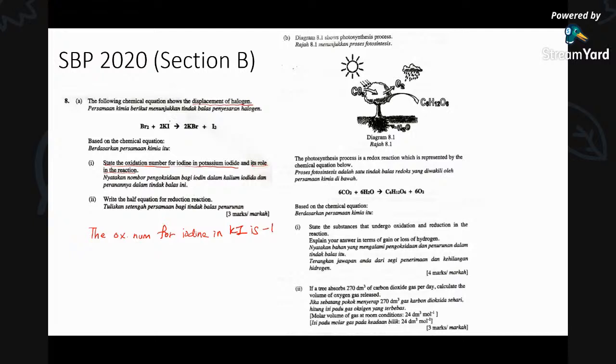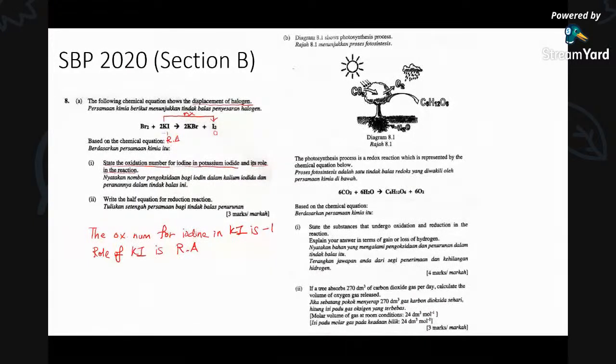So you look at potassium iodide, iodide ion becomes I2, -1 over here becomes 0. So this is an oxidation reaction. So oxidation reaction means it is a reducing agent. So role of iodine is reducing agent. So you'll get 2 marks over here.